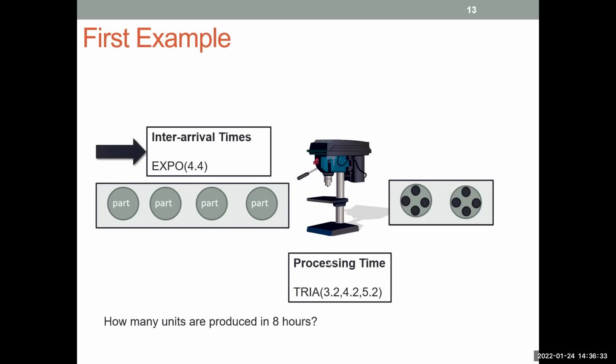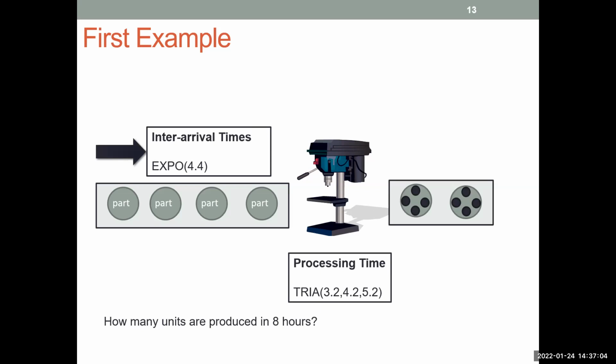The processing time of the machine is also given by a probability distribution, which is a triangular 3.2, 4.2, 5.2 minutes. And then after they're processed, they're going to be counted. How many parts were completed? And the question that we are trying to answer is how many units are produced in 8 hours? Okay, so that's the model that I want you to work with me today.